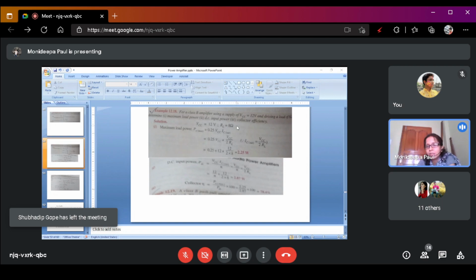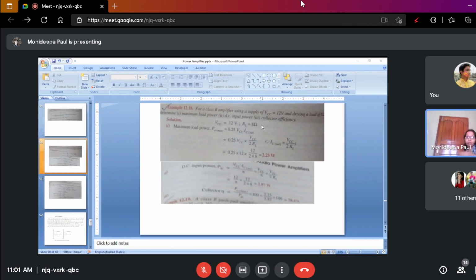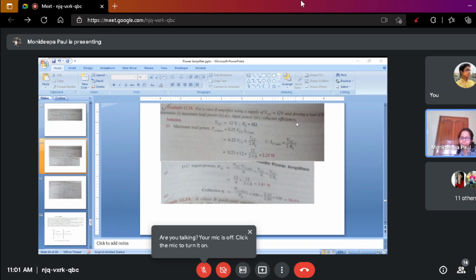This is the IC max. IC max divided by pi is the IC DC. And VCC is 12 volt. Then you find out the value of the DC input power. If you know that DC input power and AC output power, then you can easily find out the collector efficiency. So then you find out the collector efficiency.